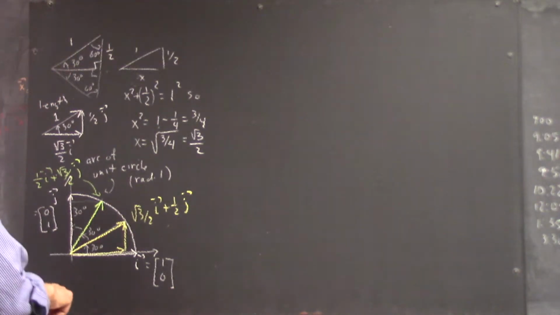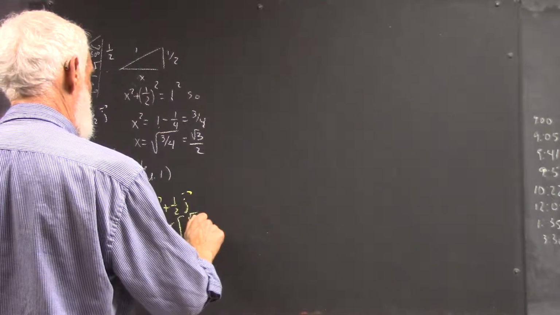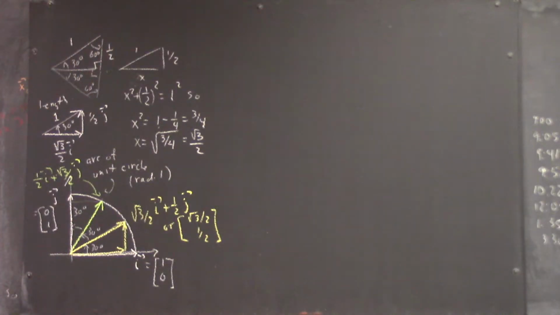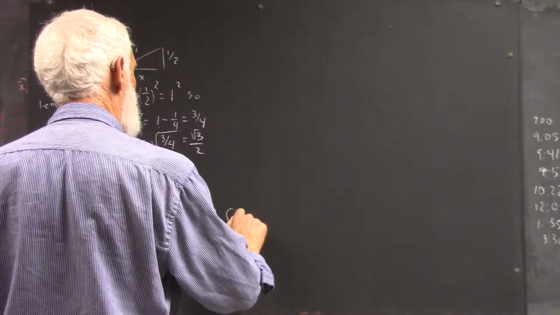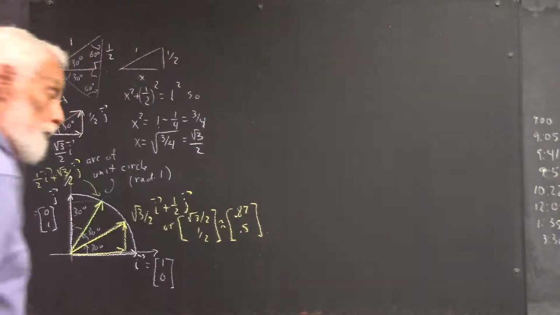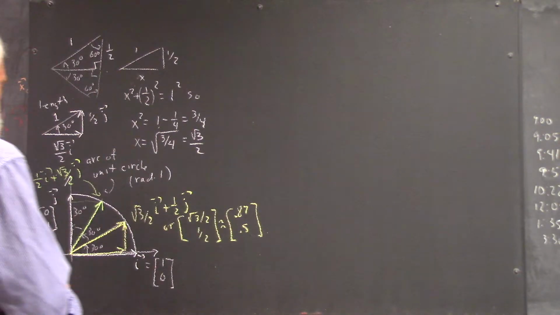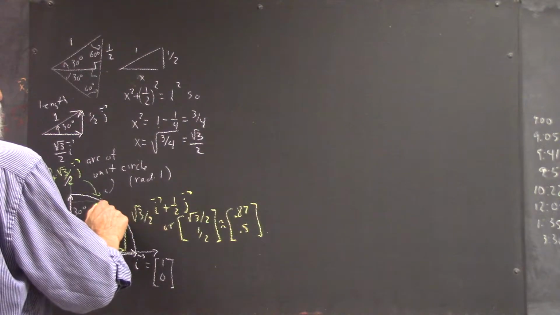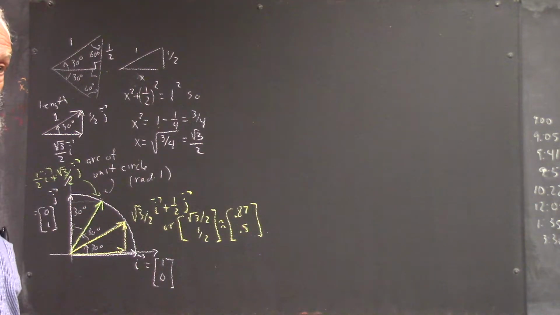And this vector would be square root of 3 over 2, 1/2, which is approximately 0.87, 0.5. 0.5 is exact, 0.87 is a round off. Okay? And this vector here is, don't have room to label it, but you see it's 1/2, square root of 3 over 2, right?